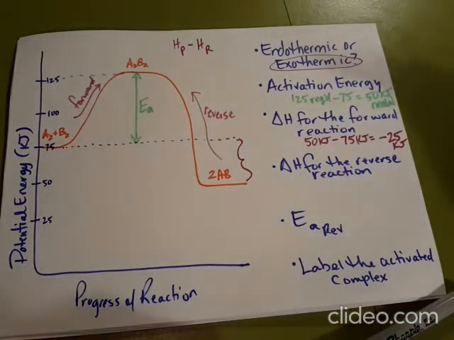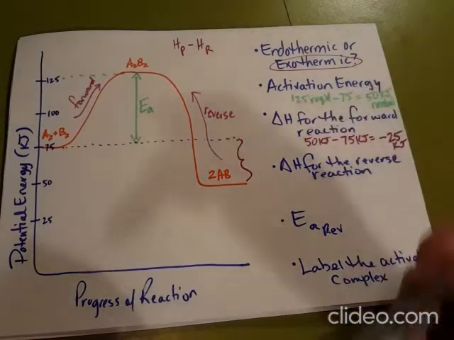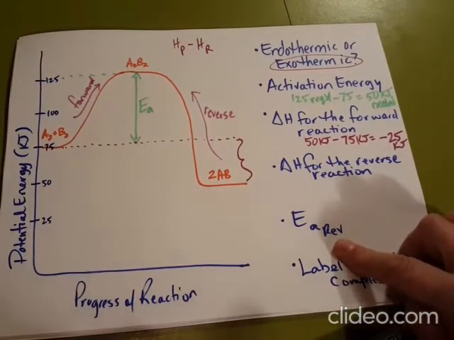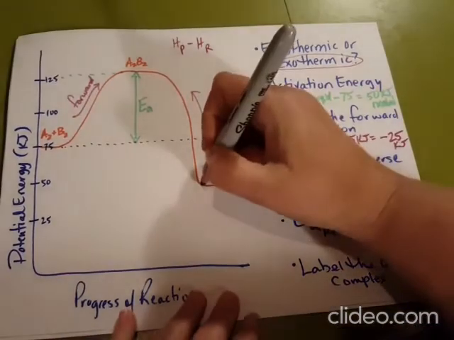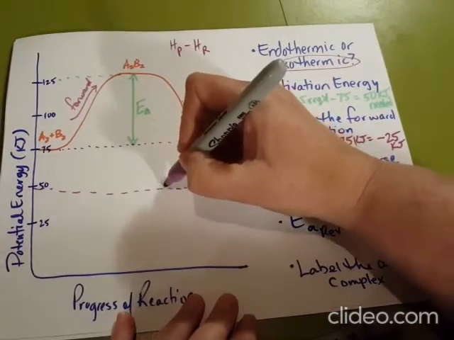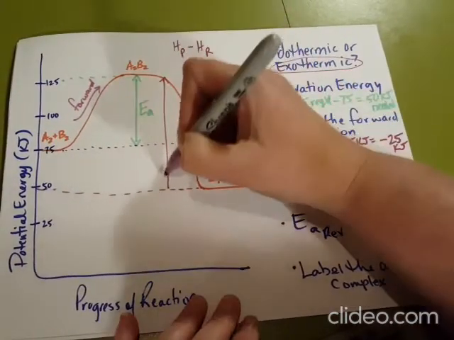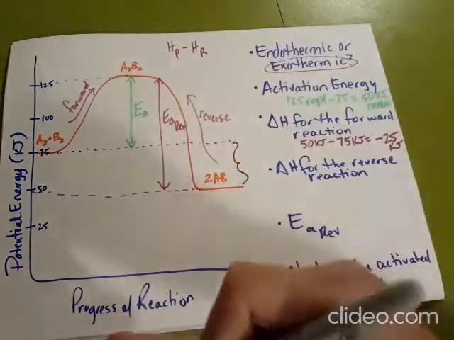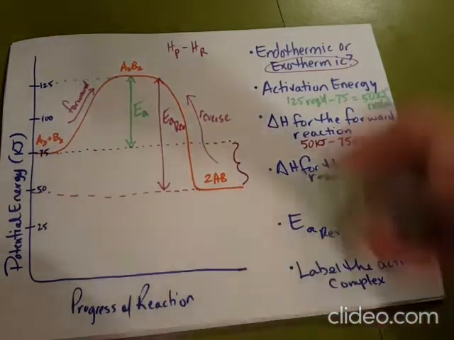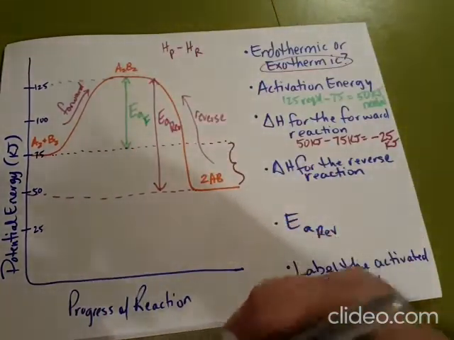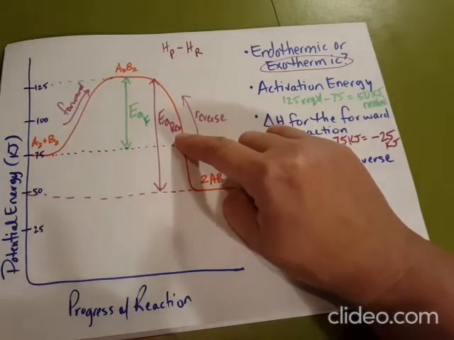So in terms of the reverse reaction, if we wanted to take a look at that, let's look first at the activation energy. In terms of my labeling, I might even want to put an F there for the activation energy of the forward reaction, whereas this is the activation energy of the reverse reaction.